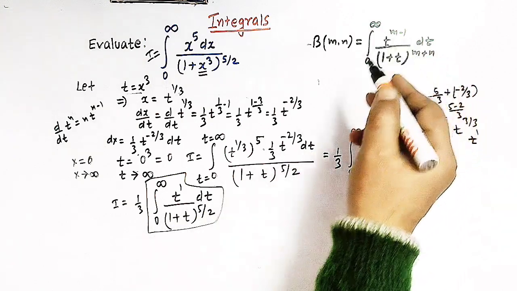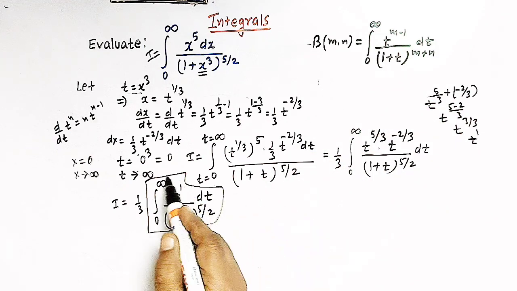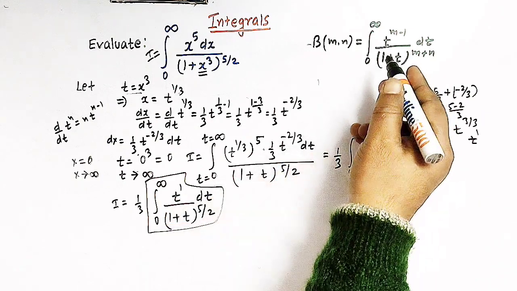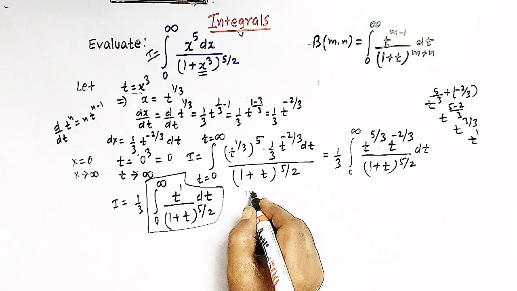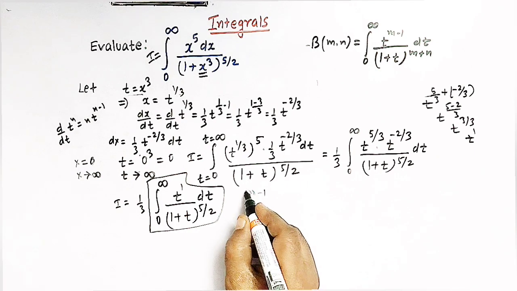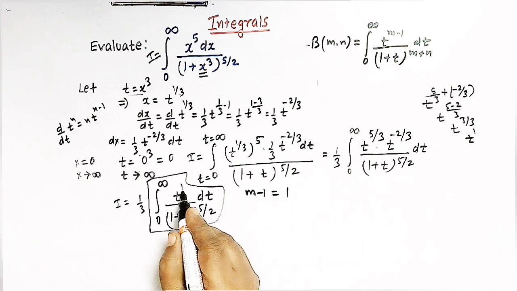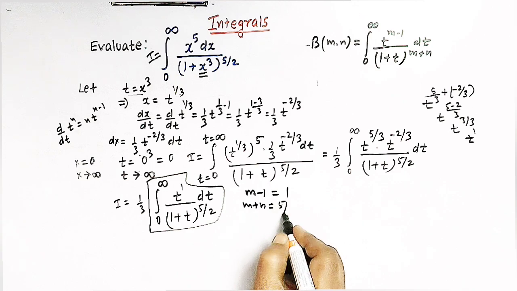So let us find out the values of m and n in order to express this integral in this form. So we can now compare both these integrals. We have m minus 1 equal to 1, and then m plus n is equal to 5 over 2.